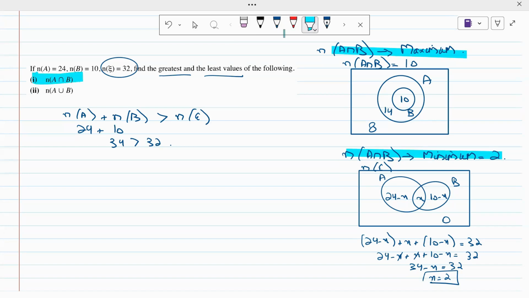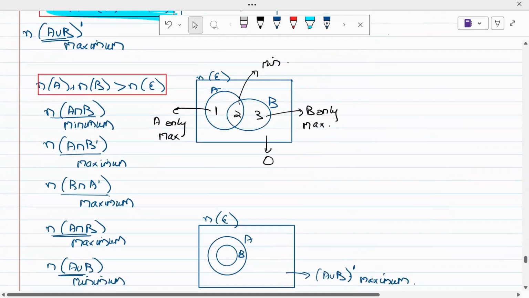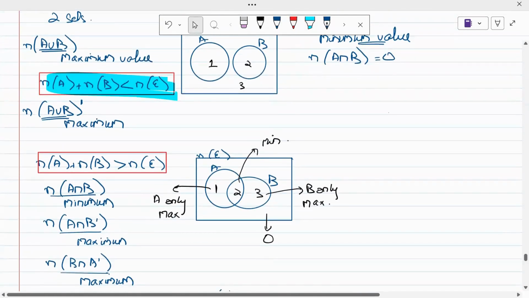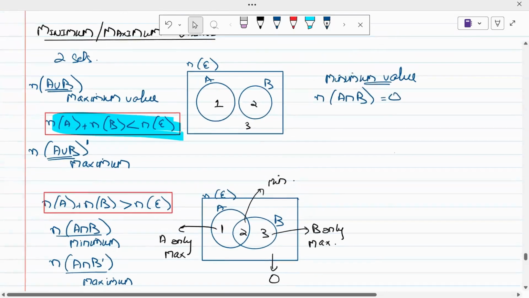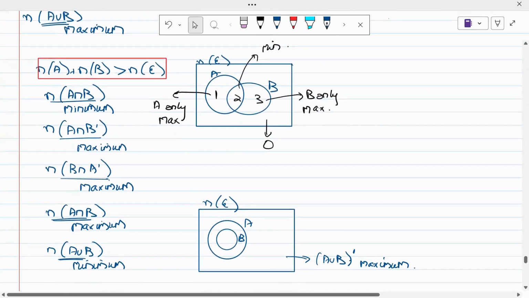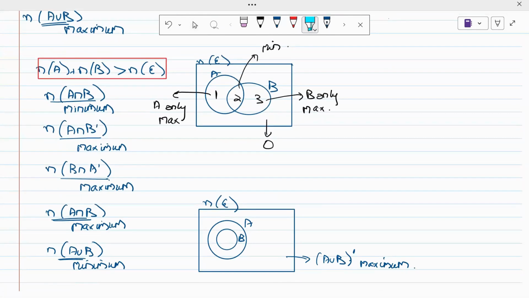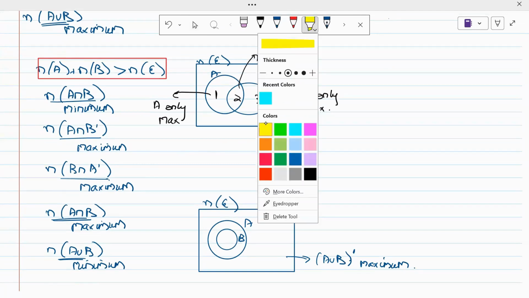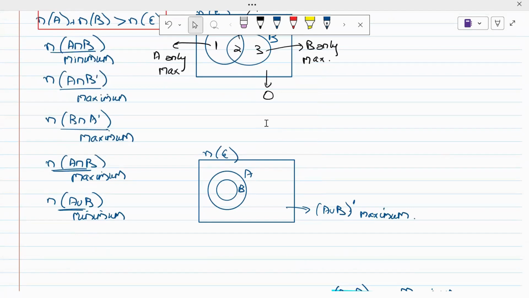Now it's about union. Union to be maximum and union to be minimum. Let's have a look at the notes. For these two cases, when is union maximum? Union is always maximum when you have the case of disjoint.